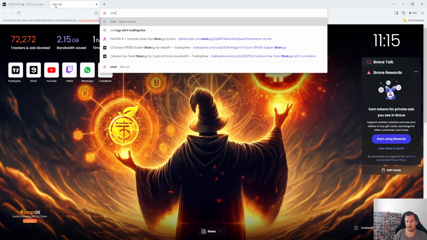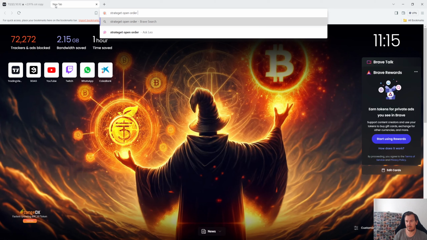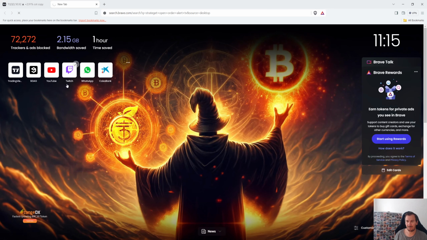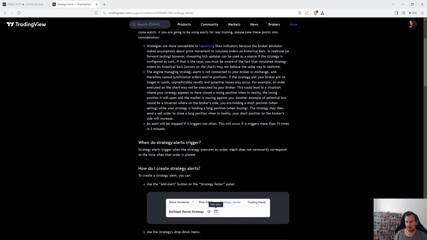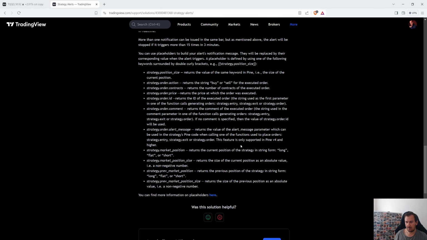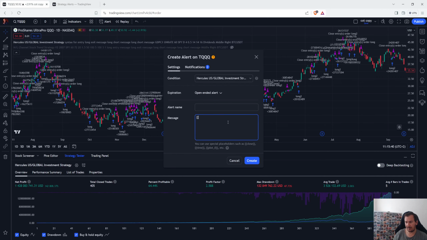One moment. Strategy open order. Okay. So in this case, you would write this message. You set up the alert like this, and once you do this with one alert, you have 4 alerts indirectly inside of it: for the long entry, the long exit, the short, and the short exit.